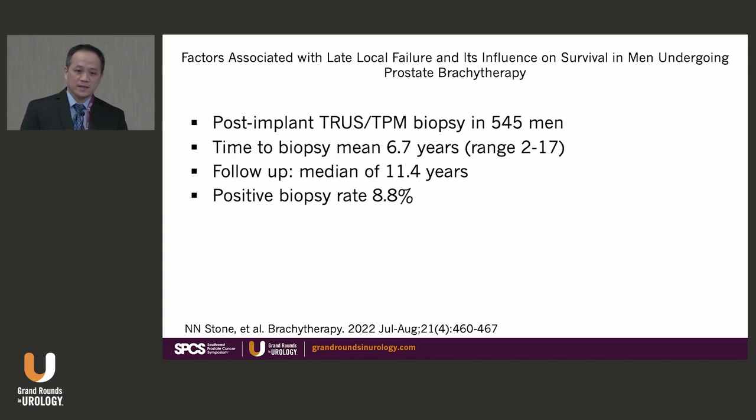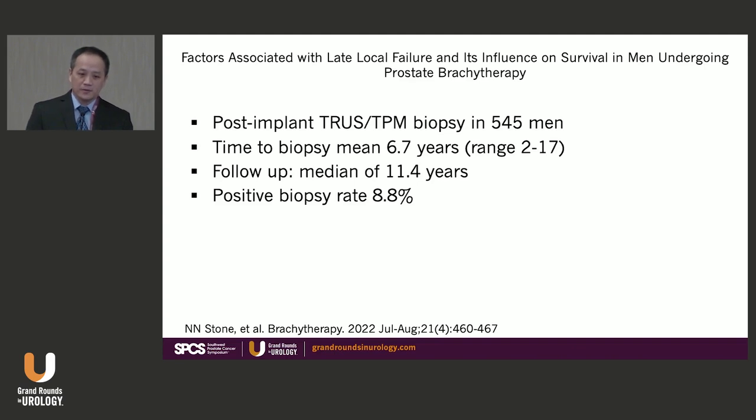First, this is a study done by Dr. Stone and us, looking at the factors associated with late local failure and its influence on survival in men undergoing prostate brachytherapy. This was accepted last year by Brachytherapy. This study overlaps with the presentation Dr. Stone just presented.